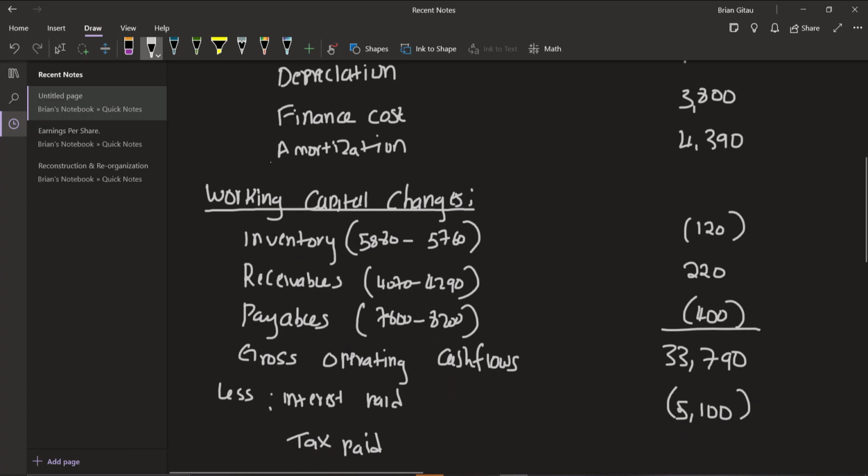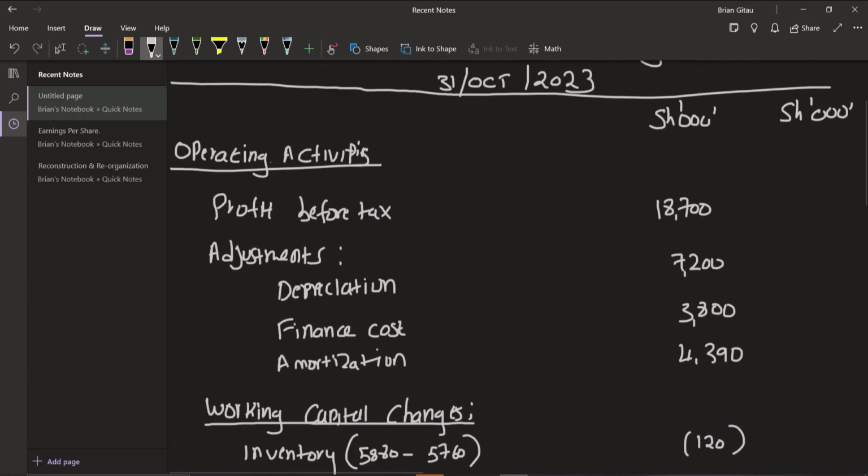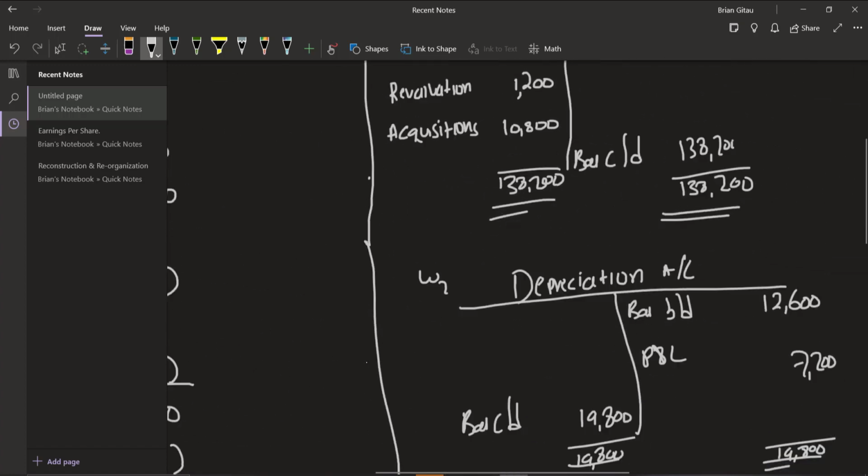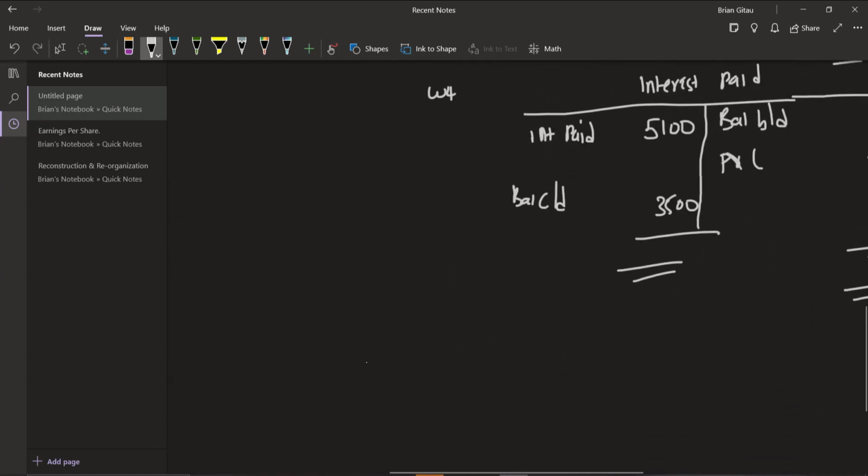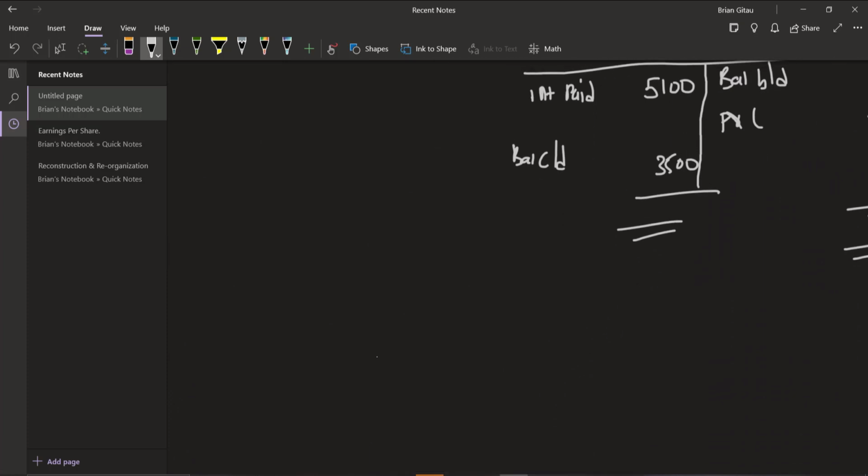Tax paid. That will be our working number 5.